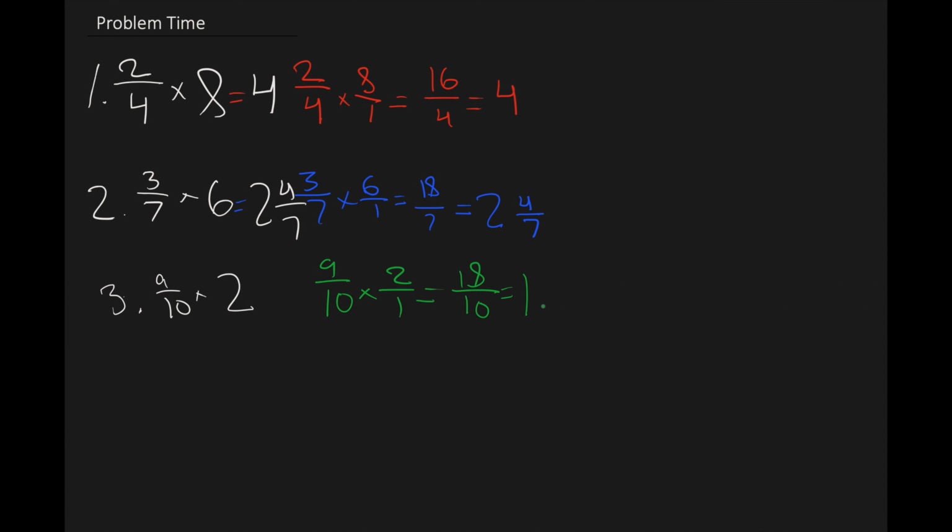This converts to 1 and 8/10, which also simplifies more to 1 and 4/5. So this equals, hang on, wrong color. That happens. 1 and 4/5. There you go. So number 1 is 4, number 2 is 2 and 4/7, and number 3 is 1 and 4/5.